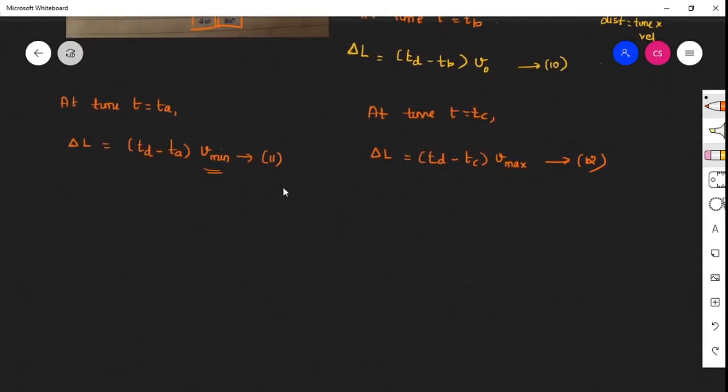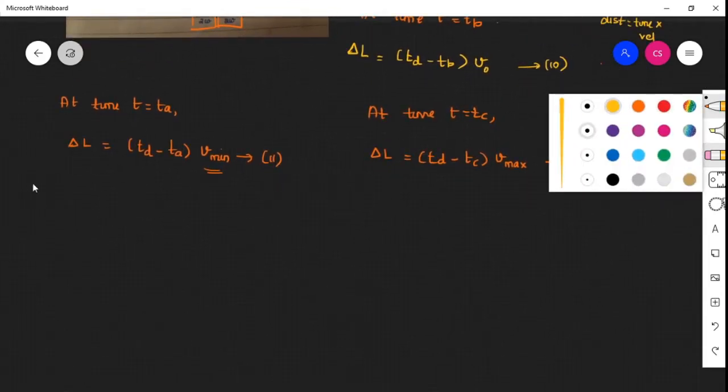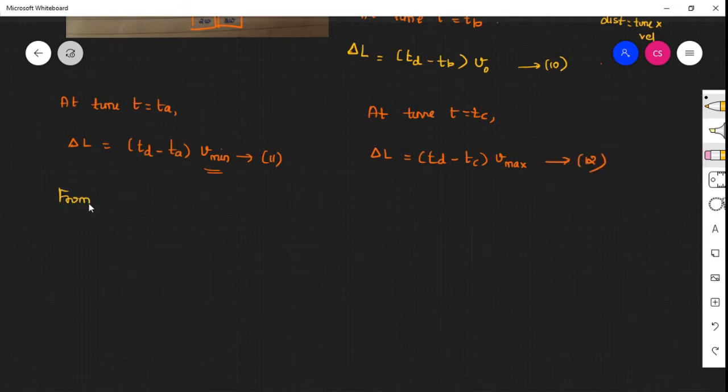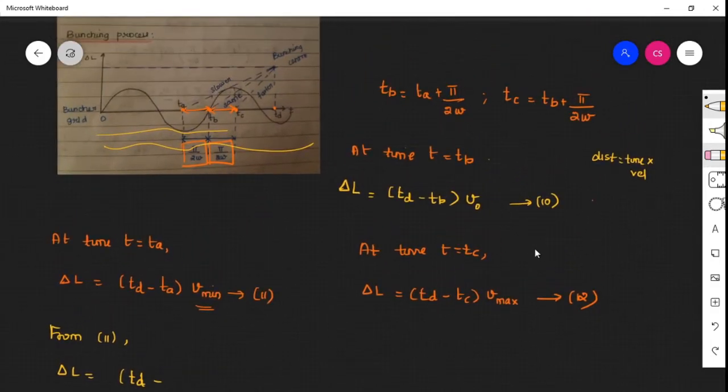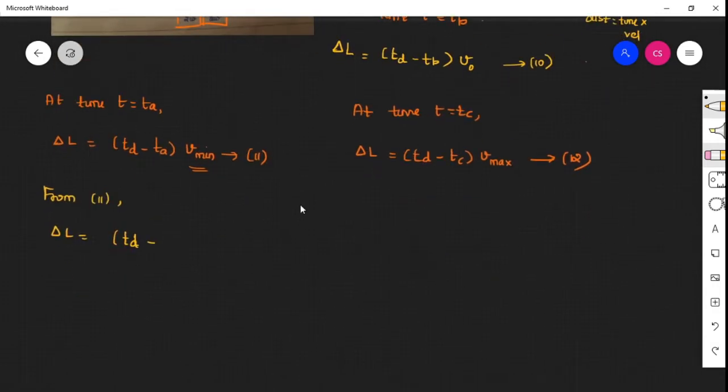Now let me take equation number 11 for further analysis. So from equation number 11, we can write delta L is equal to TD minus TA. Now what is TA? If you observe from the previous equation, TA is TB minus pi divided by 2 omega. So I can write it as TD minus TB, minus of minus becomes plus pi by 2 omega, and V minimum we already found.